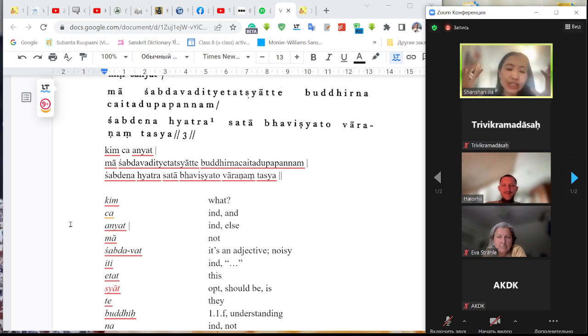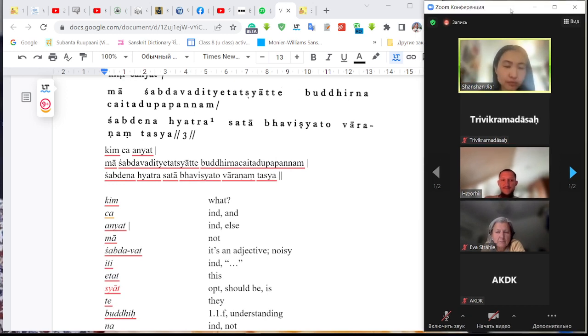So this "ma shabda," I suggest that instead of reading it as two words, we read it as one, a really short form for "Kashchit puruṣo ma shabdam karshihi."